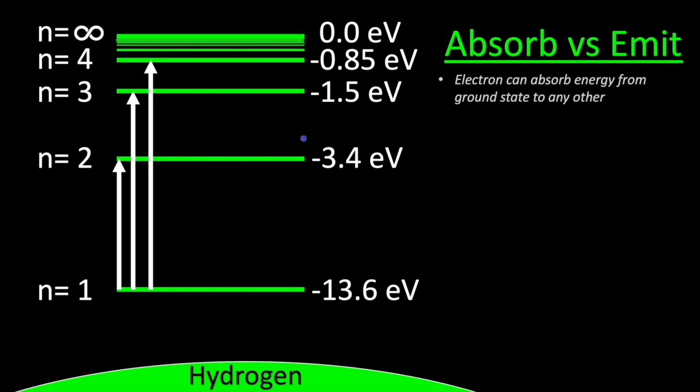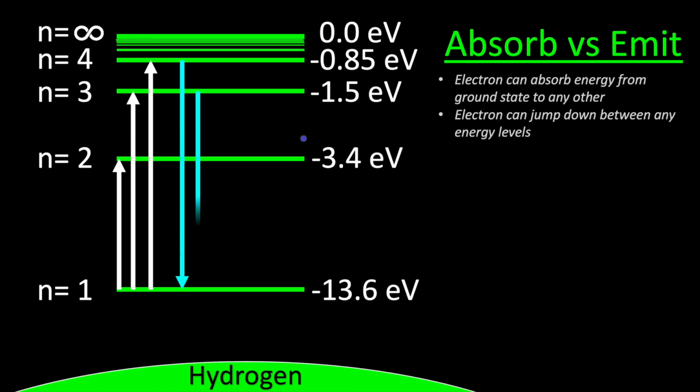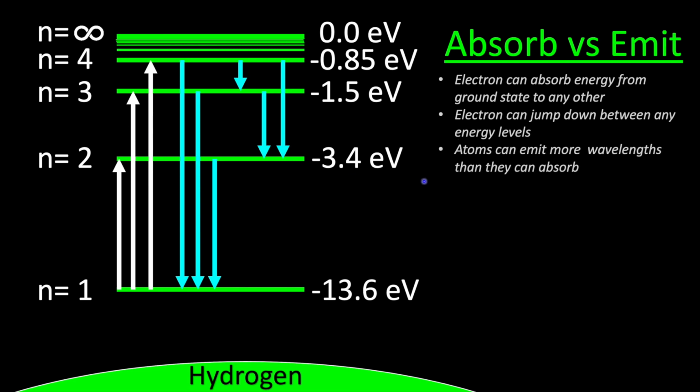So that would be the wavelengths it can absorb. For emission, electrons can jump down between any energy levels. So it could jump down the same levels that it absorbed there, but it could also go in between. So these blue arrows are showing all the wavelengths that it can emit, and hopefully we can see that there is more than it can absorb. So I put on the side here, atoms can emit more wavelengths than they can absorb.